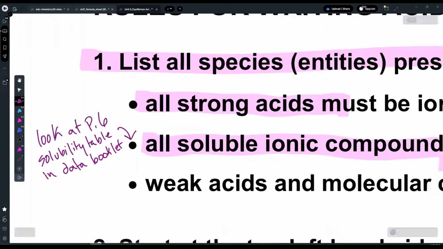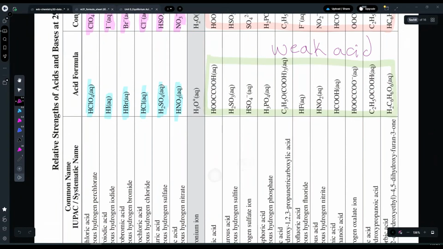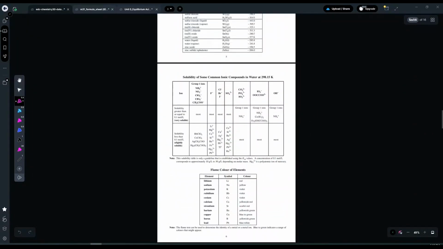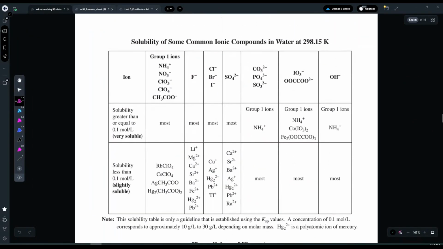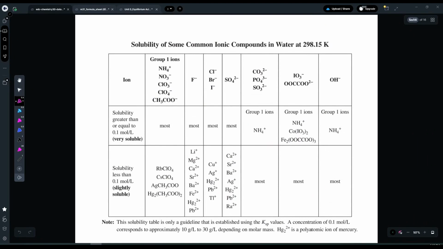So let's go to page 6. This is the solubility table that I'm referring to.